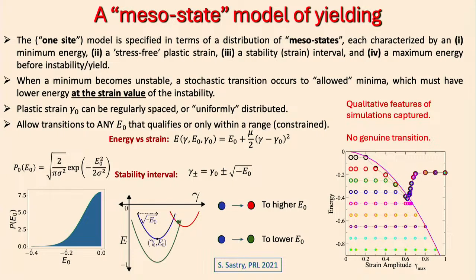And with this description, I can then perform the dynamics and look at what happens from cycle to cycle to the energy of the system, just like what I described in the simulations earlier. And one gets a yielding diagram which looks qualitatively very similar to what one sees in simulations.